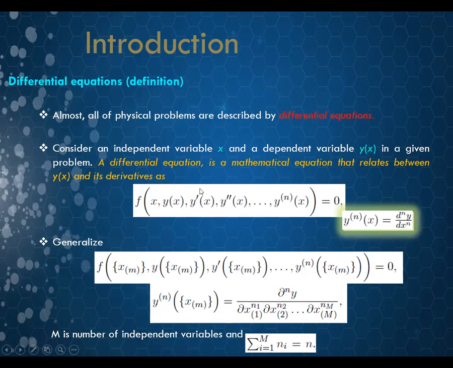If you generalize this, and you have a set of independent variables labeled by m, and the dependent variable as a function of the set of independent variables, then y_n shows the partial derivatives with respect to these independent variables. The first one is the so-called ordinary differential equation, or ODE, and this one is the partial differential equation, or PDE, and capital M is the number of independent variables.